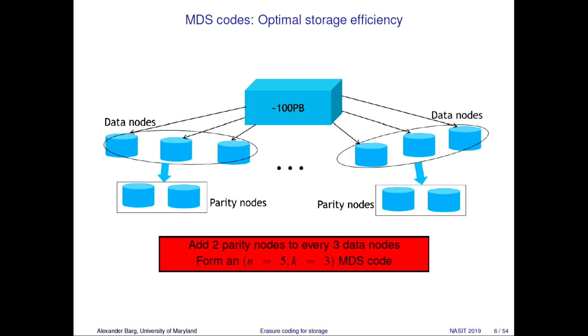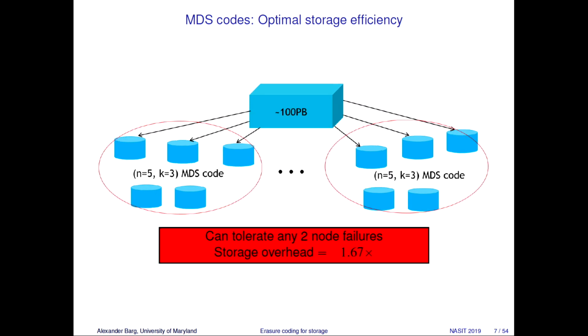A competing idea is, let us take, let's say, 3 data nodes and add 2 parity nodes, meaning that we take 3 symbols from the top nodes and add 2 parities, and do that for every triple of the symbols on the data nodes, right? So let us say they're encoded with an MDS code of length 5, and the number of data symbols is 3.